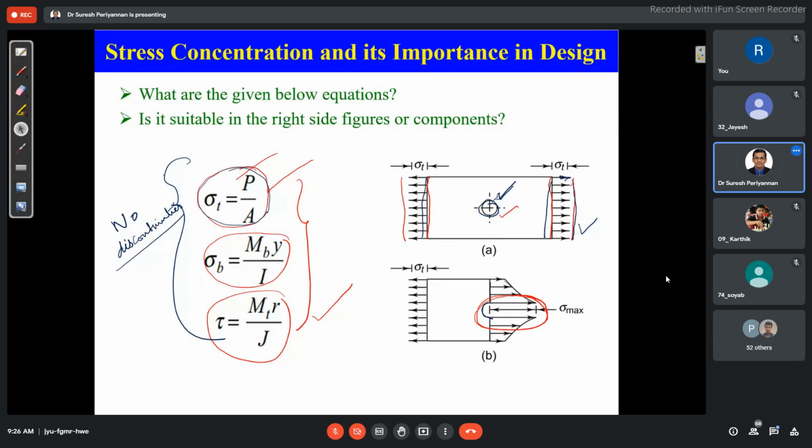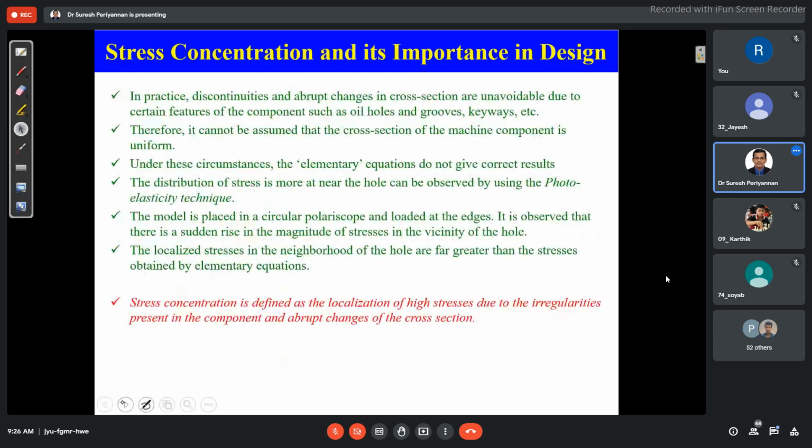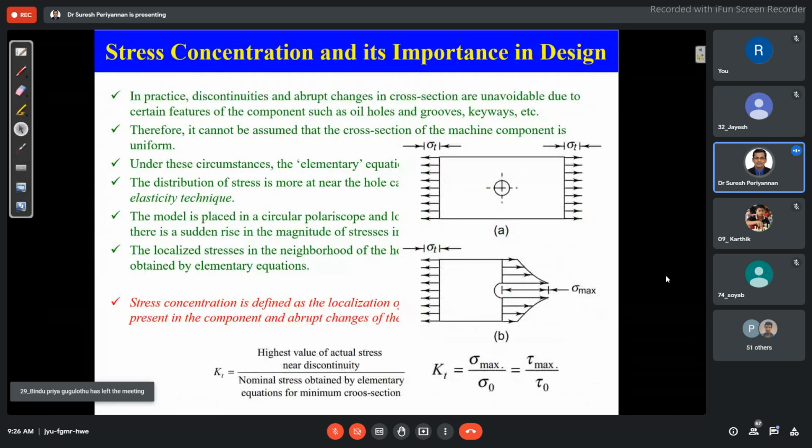Okay, so now we can come to the stress concentration factor. I have already explained this. The stress concentration factor is nothing but sigma max by sigma naught. Sigma max is the developed stress at the vicinity of the hole, but sigma naught is the nominal stress obtained by the elementary equation P by A at the minimum cross section.